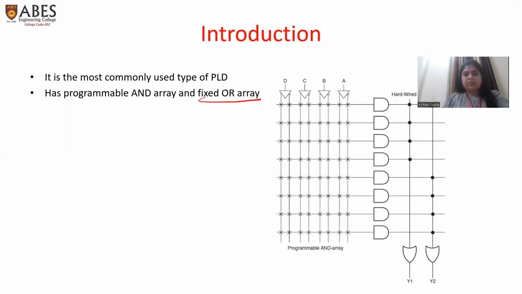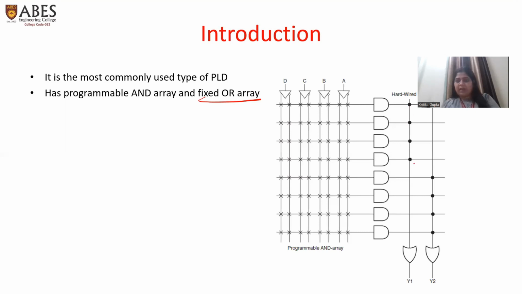Here you can see one circuit. Actually, this is the last step in any problem of circuit implementation, but I try to make you feel how PAL is. In this, you see that there are fixed OR gates.